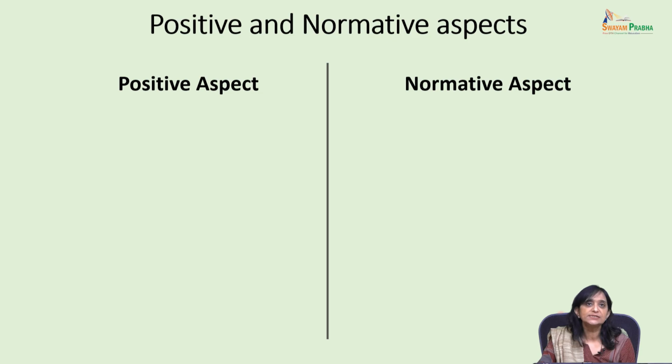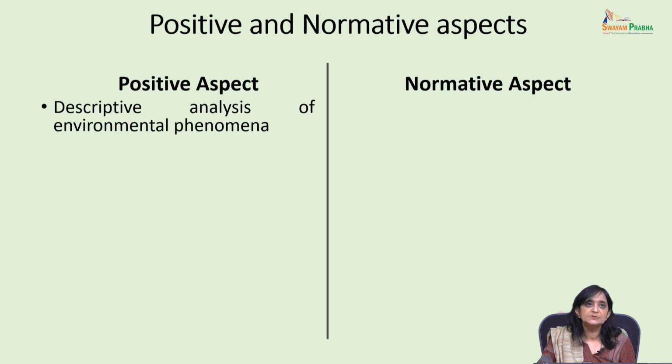So let us first see what we mean by the positive aspect of environmental economics and what we mean by the normative aspect. Positive aspect is basically a descriptive analysis of the environmental phenomena. That is, we are trying to understand what is happening on the ground. So, describing the situation is called a descriptive analysis.